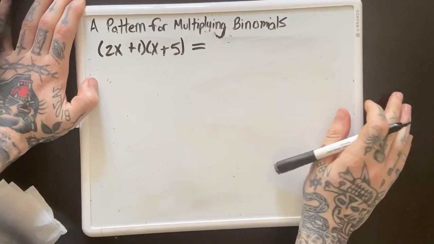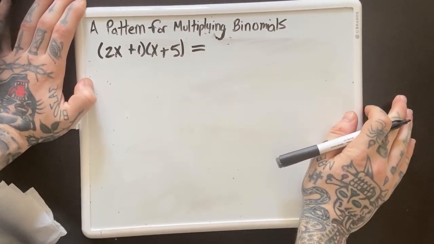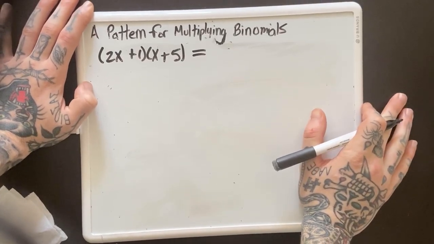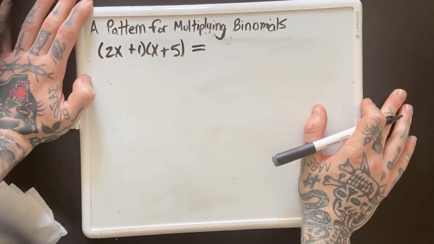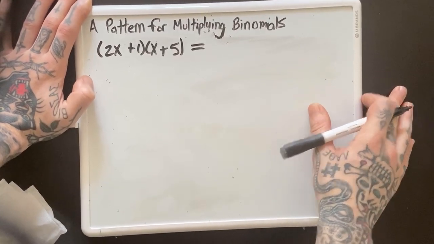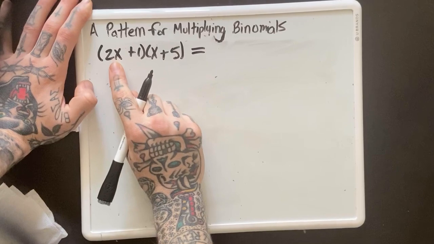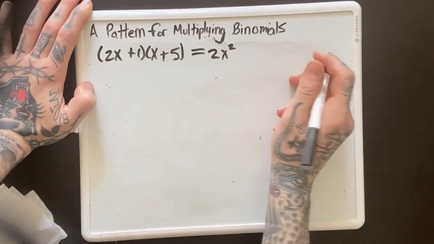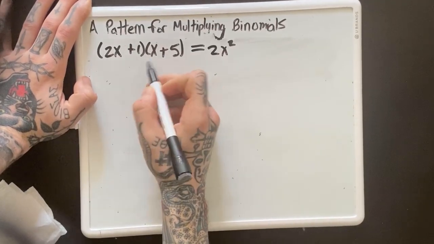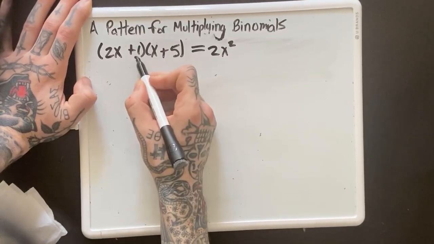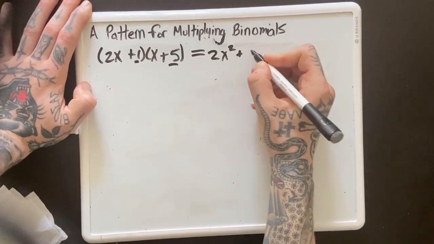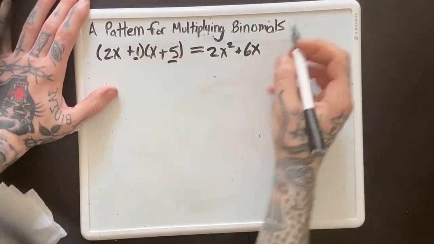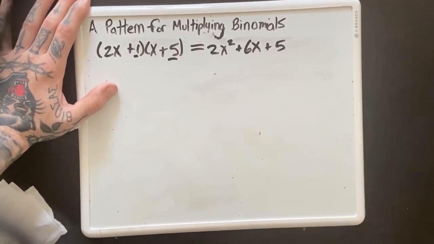In our previous 3 examples, the first term is always x squared. We've just assumed it's x squared. But looking at these, we can't say that it's going to be x squared because we have a 2x here. So we have to put at least a 2x squared there. Now the pattern. We're going to add these together: 5 plus 1, which is 6x. And then multiply those together, plus 5.